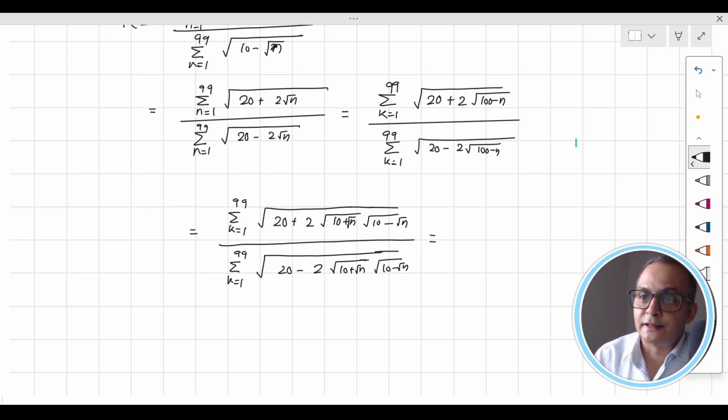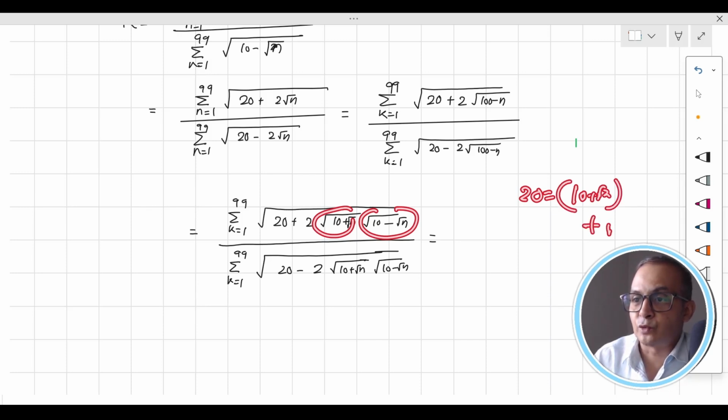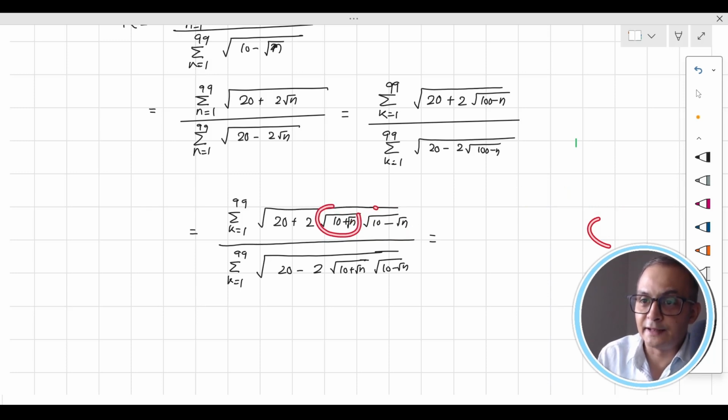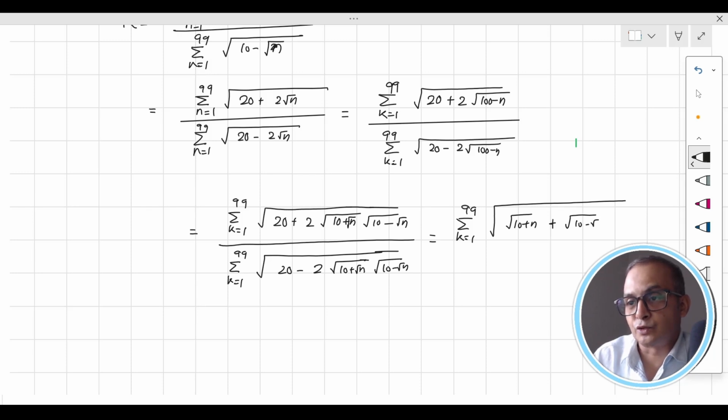Now notice, let's say this is our a and this is our b. It means 20 is nothing but a square plus b square. So I have exactly this as a and this as b, because when you square and add them, you get the same thing. So what I can write directly is the summation k goes from 1 to 99, and this is nothing but the square root of a, which is 10 plus root n, plus b, which is 10 minus root n.